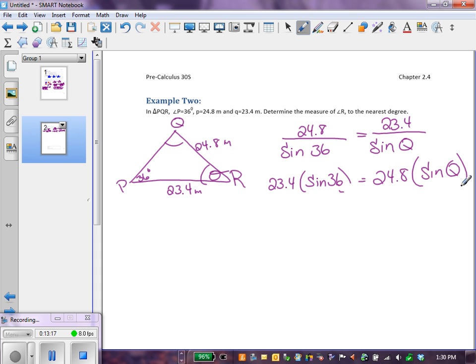So what am I going to do now? Am I going to take sine of 24.8? No, because sine Q is all together, right? So I'm going to divide each side by 24.8.